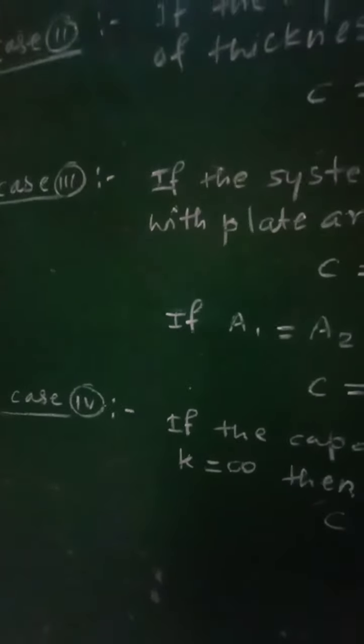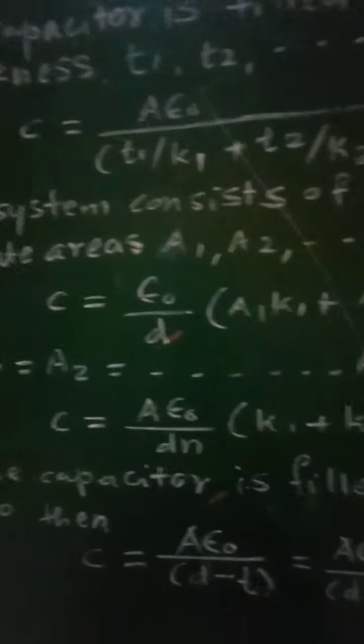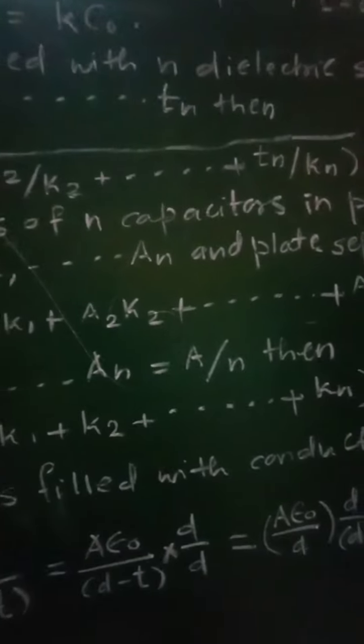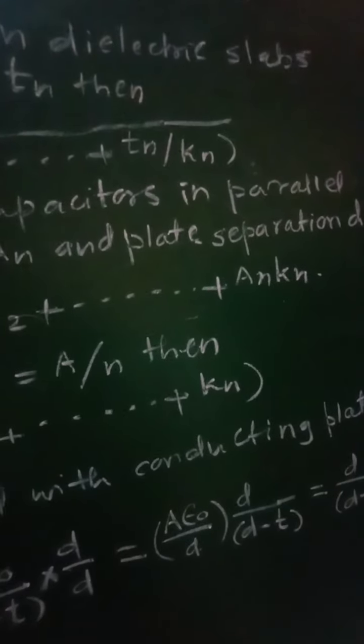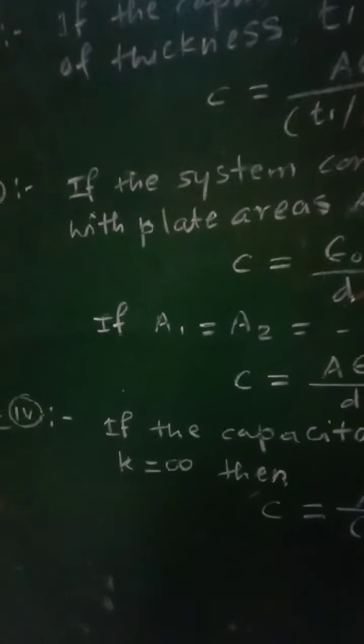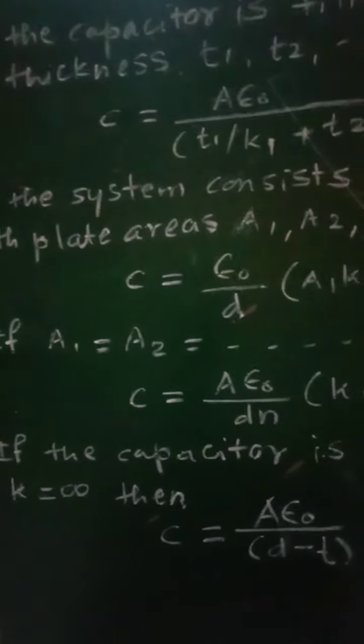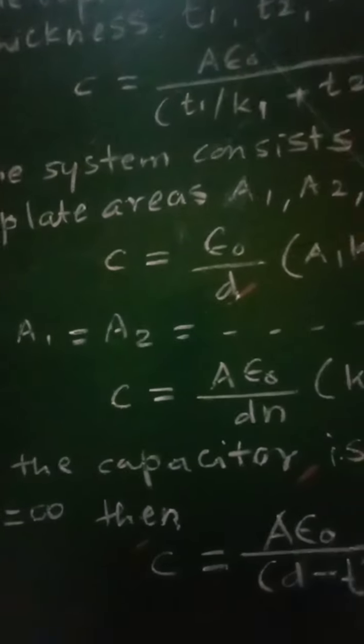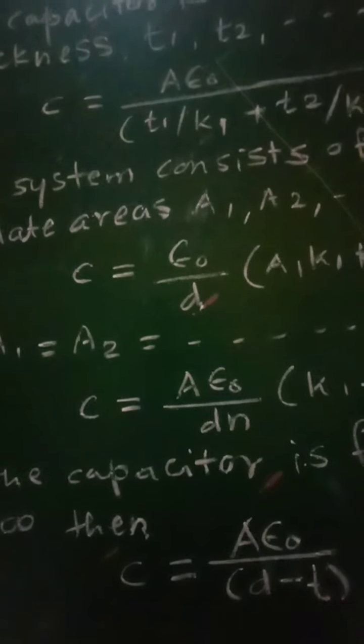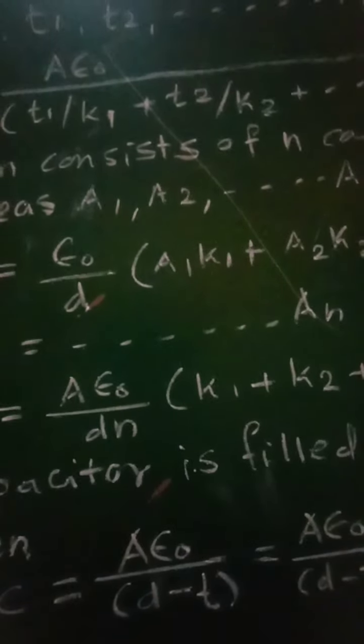Third case: if the system consists of n capacitors connected in parallel with plate areas A1, A2, A3 up to An, and the plate separation will be d, then capacity C equal to epsilon 0 upon d into A1 k1 plus A2 k2 plus An kn.